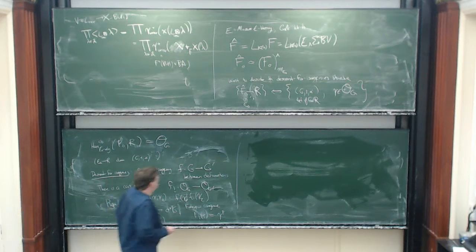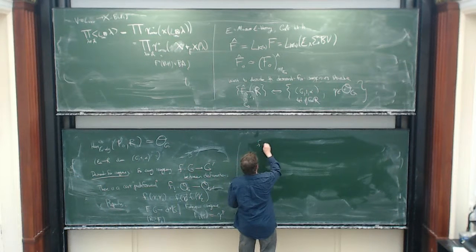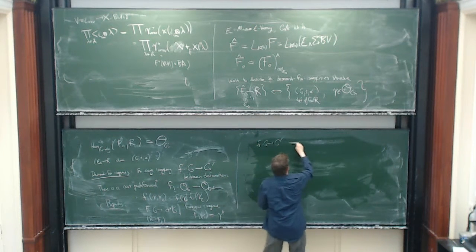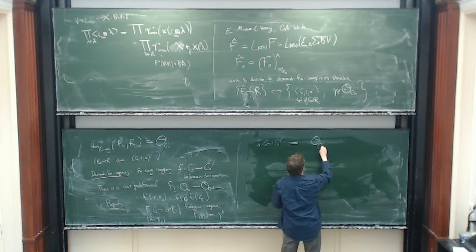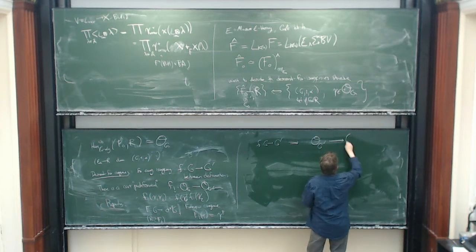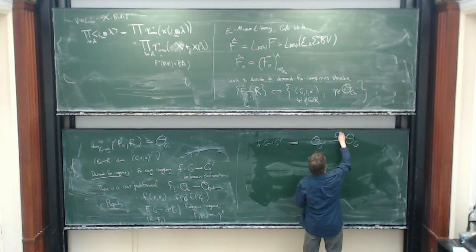an isogeny induces a map on functions. It's in fact determined by the associated map on functions. It goes the other way. It's F upper star.